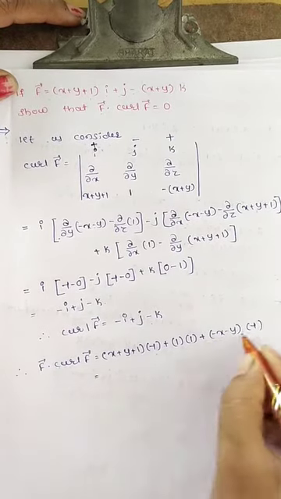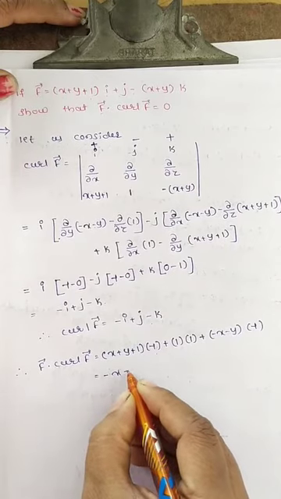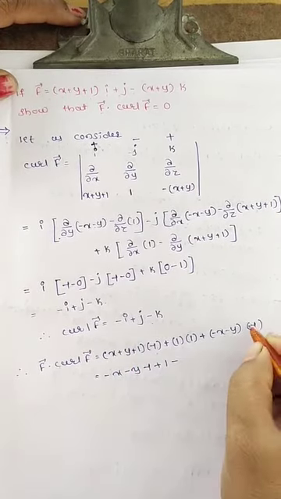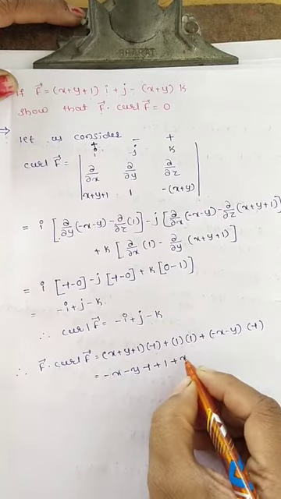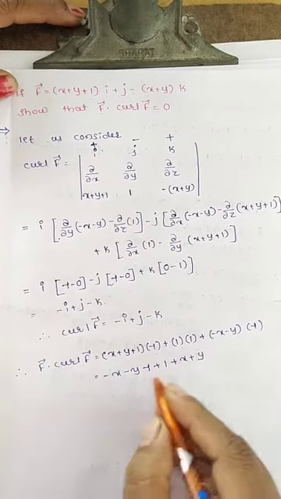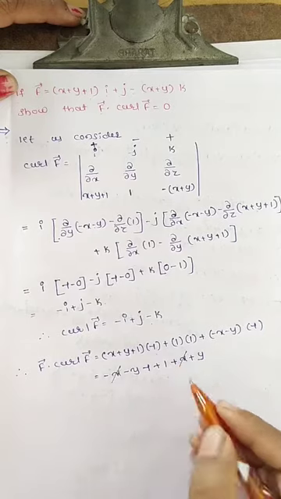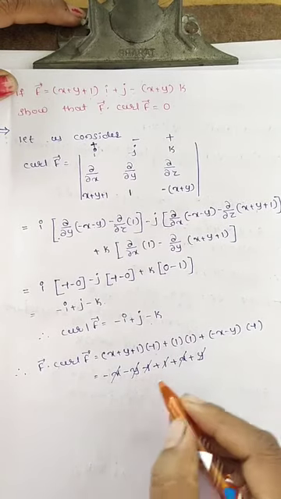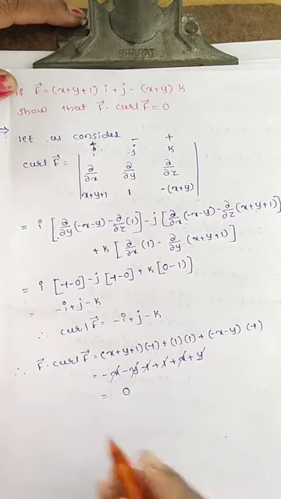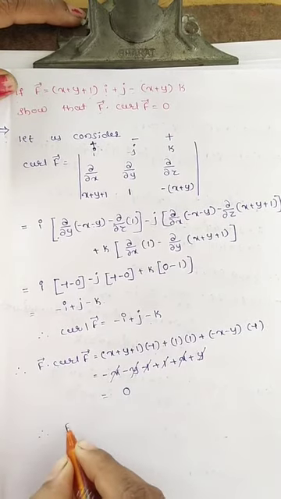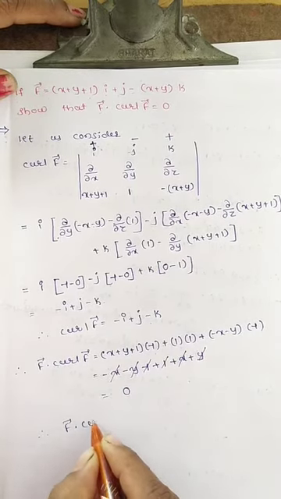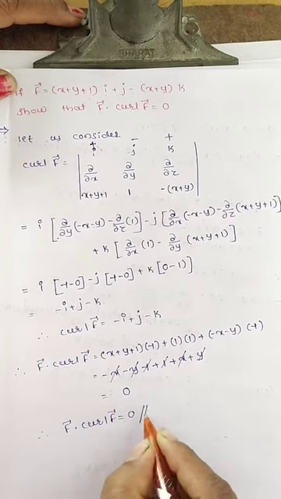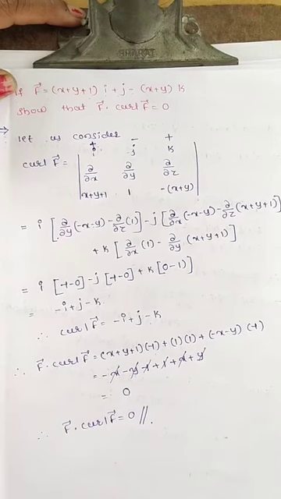Now simplify this: −x − y − 1 + 1, minus and minus become plus x plus y. Here x and −x, y and −y, and 1 and −1 get cancelled. The term becomes 0. Therefore, vector f dot curl vector f is equal to 0. This is the proof.